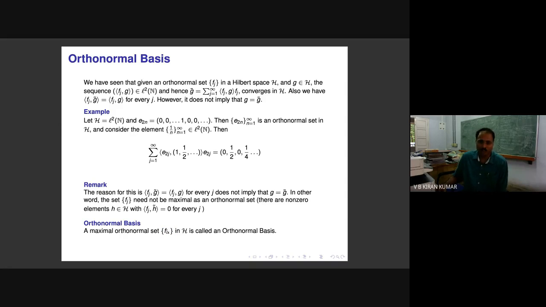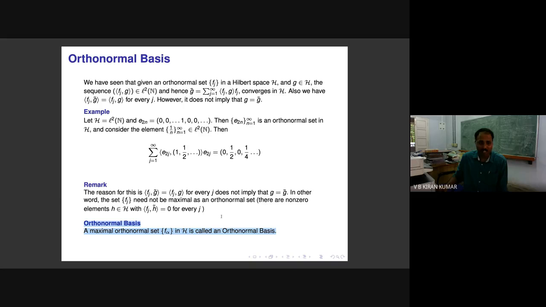So there should not be any strictly bigger orthonormal set properly containing this. Or in other words, if the inner product of f alpha with f is 0 for all alpha, then f should be 0. Only the zero vector should be orthogonal to each f alpha here. That's what you call an orthonormal basis.